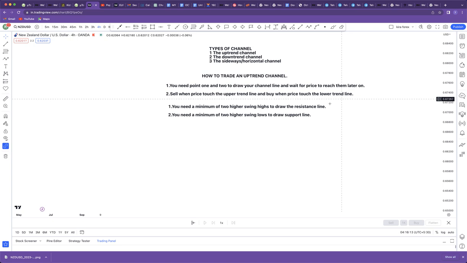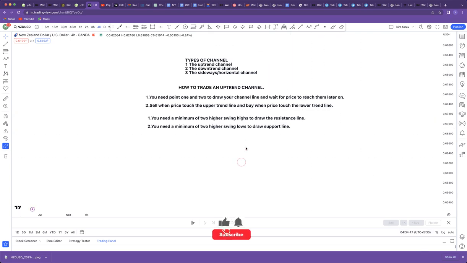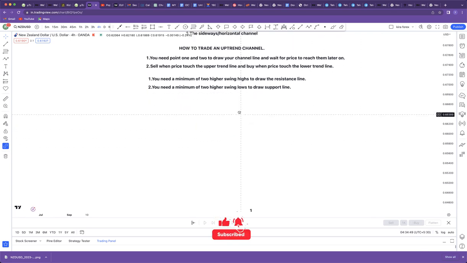This is self-explanatory. And then you also need a minimum of 2 higher swing highs to draw the resistance line, and a minimum of 2 higher swing lows to draw the support line. Now let's draw an uptrend channel.